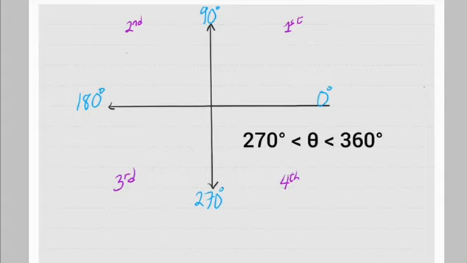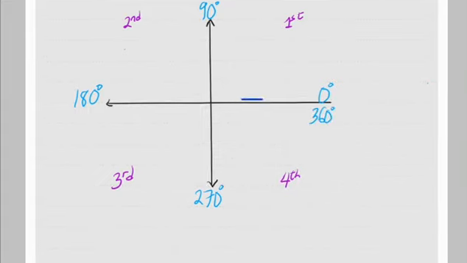And for the fourth quadrant, the range is between 270 degrees and 360 degrees. A revolution is 360 degrees. So one revolution or cycle is 360 degrees.